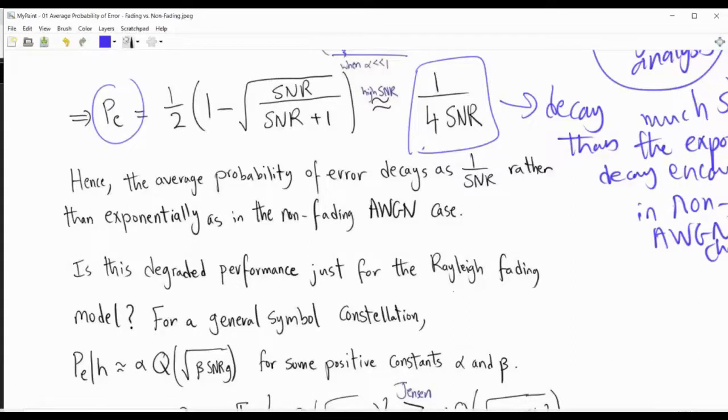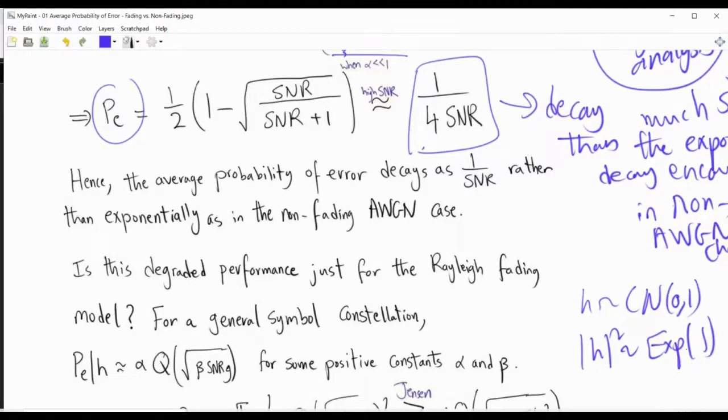You may say, well, we cannot generalize this result because you did it for a very particular channel. You assumed the Rayleigh fading model. So here we did things with H that is CN(0,1), and so the magnitude of H squared is exponential with parameter 1. Who knows?